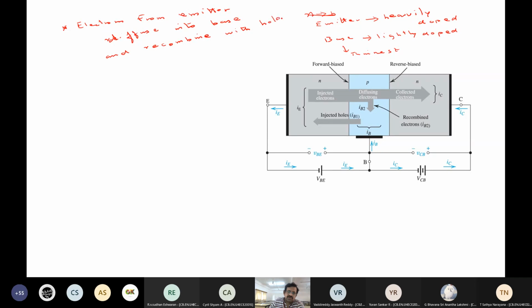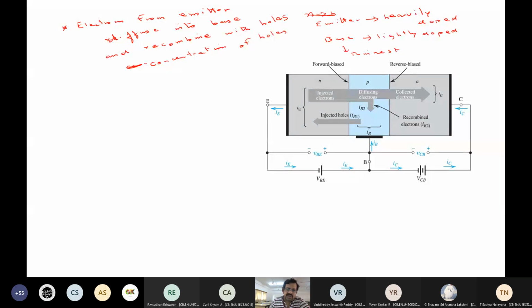Hole is the vacant state that was supposed to have been occupied by an electron. Absence of an electron in a state creates a hole. Okay, recombine with the holes. Therefore, the carriers are getting lost in the base region. The concentration of holes is bound to decrease.